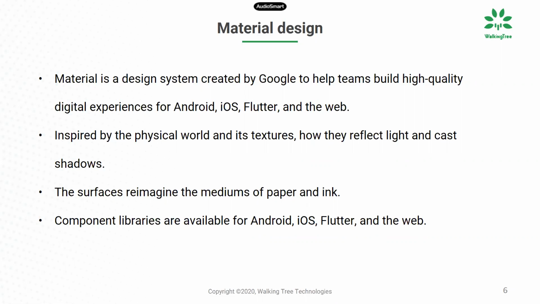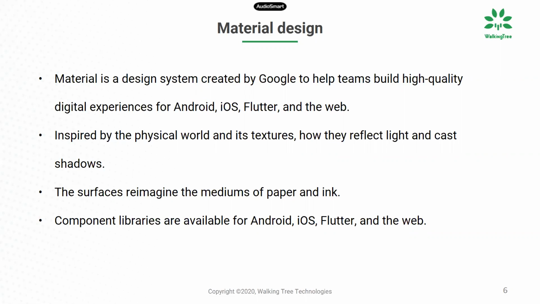So the material design system is inspired by the physical world, its textures, you have the light and shadow effects. So all that is brought into the design to give a good experience to the user. Even the surfaces like the texture, it reimagines the mediums of paper and ink, bringing that to our devices.